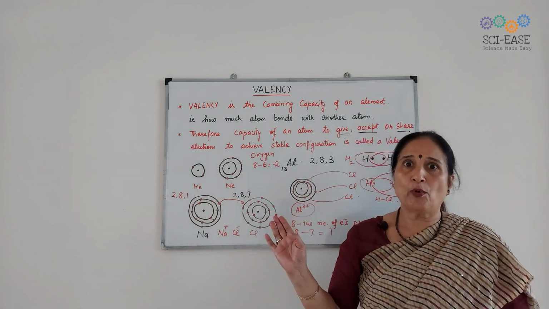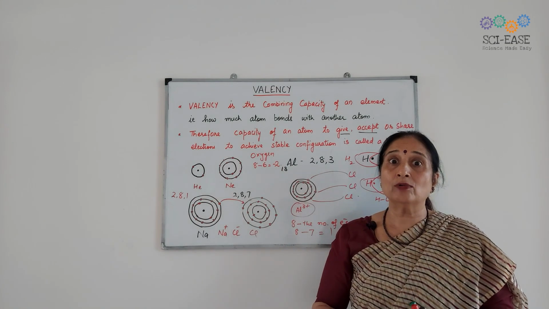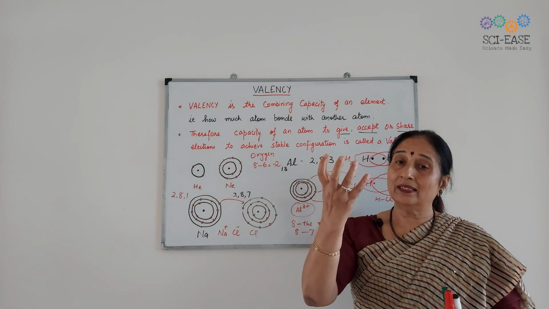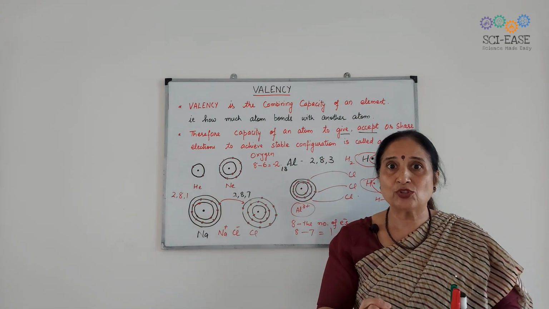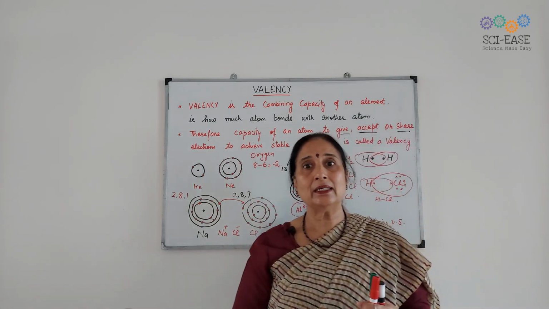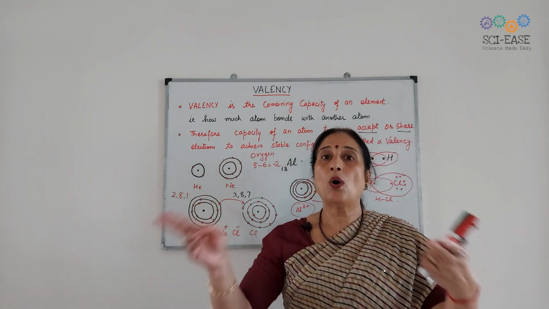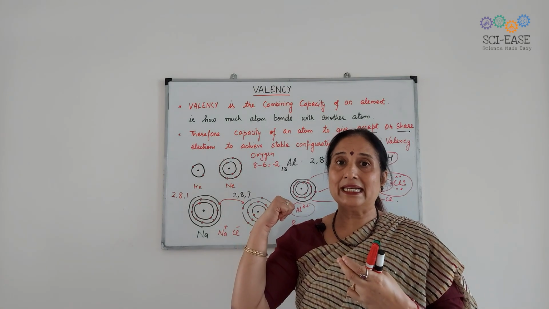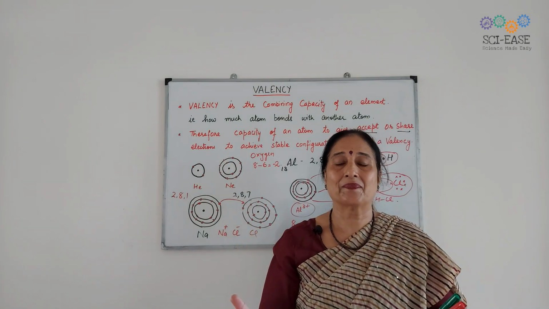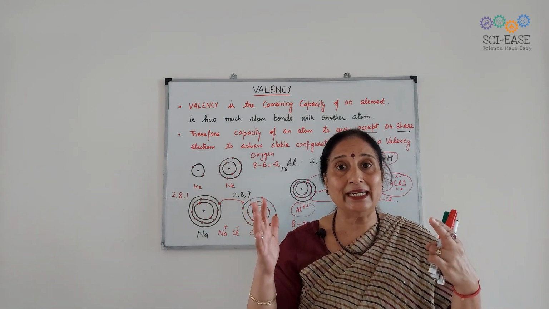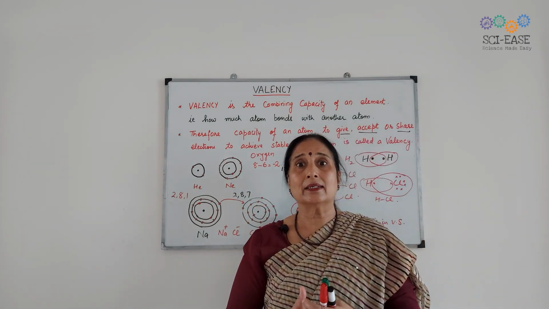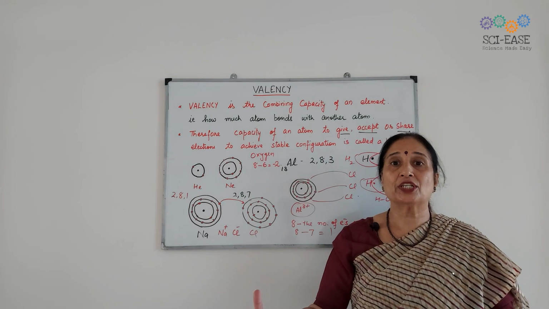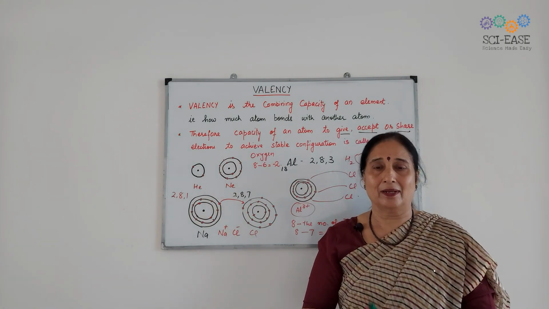So it is very important how these compounds are formed, either by accepting electrons, by losing or giving electrons, or by sharing electrons. That tells us about the valency. Every atom has a tendency to acquire noble gas configuration. This means they want to be stable.